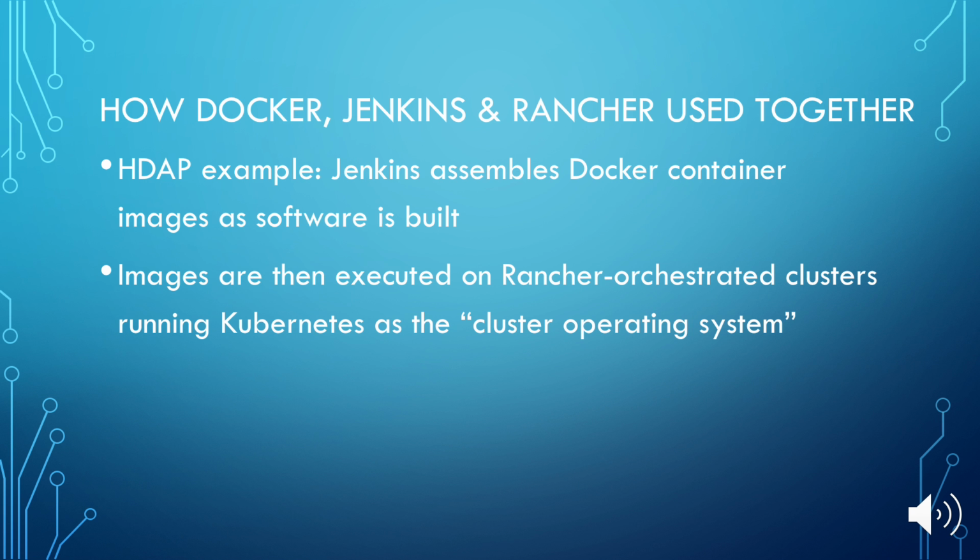In order to answer the questions that I was supposed to answer, I would like to say how Docker, Jenkins, and Rancher are used together. Recall that HDAP was our server environment, and in that example we used Jenkins to assemble Docker container images as software is built, and the images were then executed, as we saw, in Rancher orchestrated clusters, running Kubernetes as the cluster operating system.